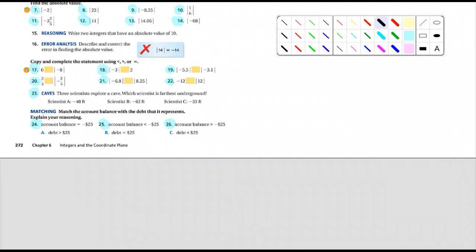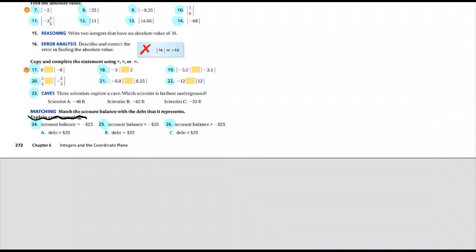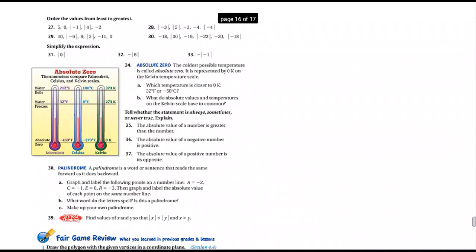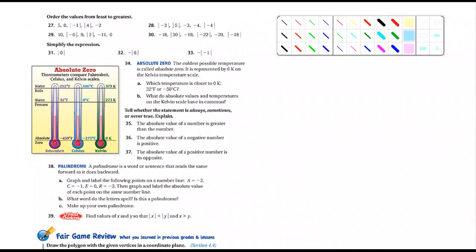I'm not worried about the explain your reasoning. I'm assuming you understand it if you got it right. I'll go back over those in a moment. I just wanted to mark these down. Order from least to greatest, just do 28 and 30.